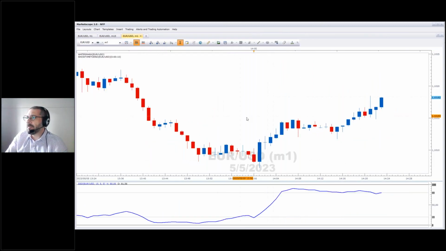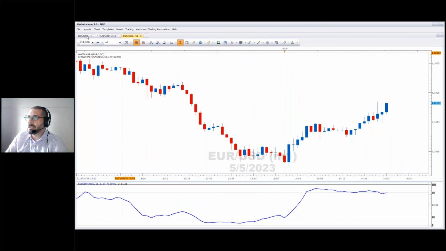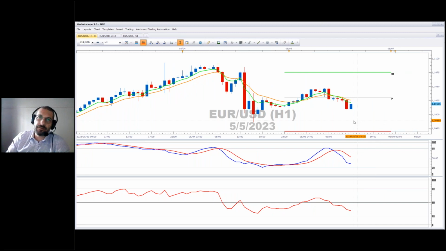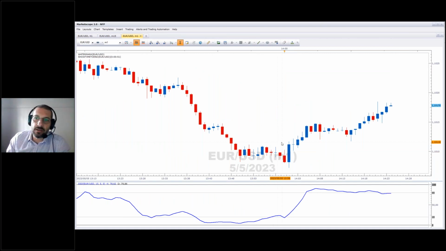What's important is the pivot levels. Often when we do these live trades, the pivot levels come in as support or resistance. So we should take note of where we are on the higher time frames and then concentrate on the 1-minute chart.